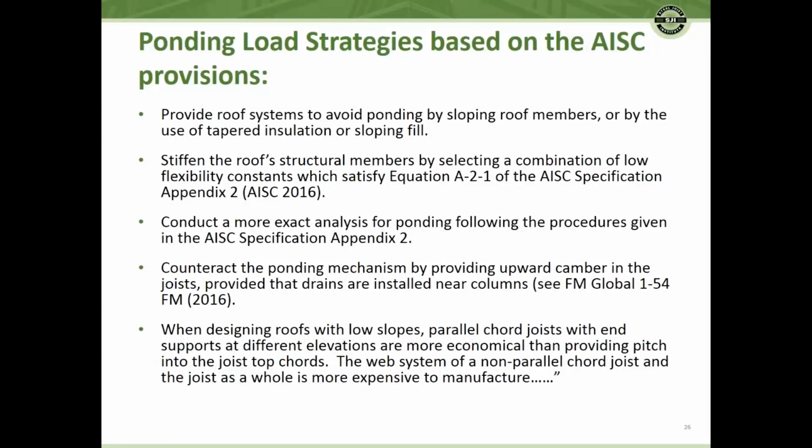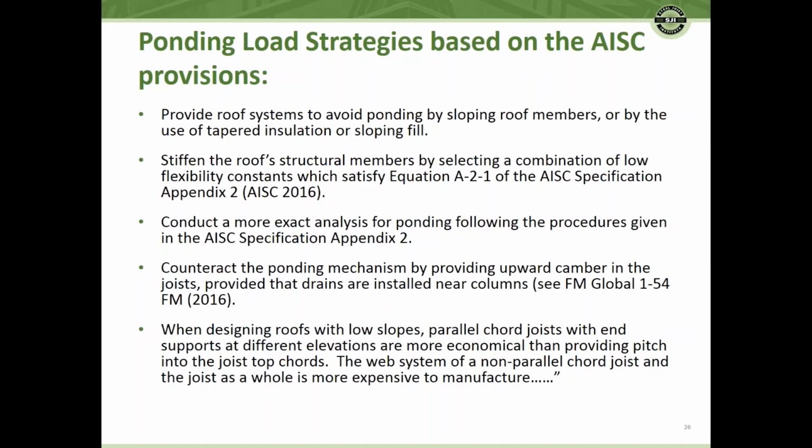Just some strategies. These are pretty simplistic, but provide roof systems that avoid ponding by sloping roof members or by use of tapered insulation to slope the roof. Stiffen the roof structural members by selecting low flexibility constants from Appendix 2.